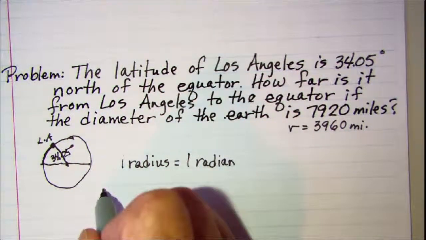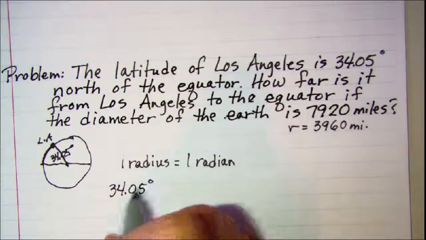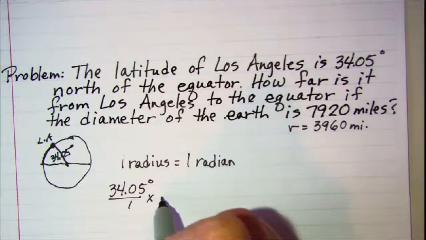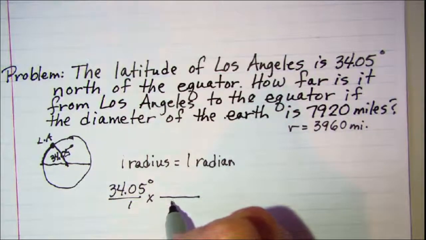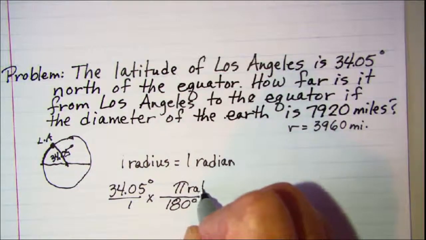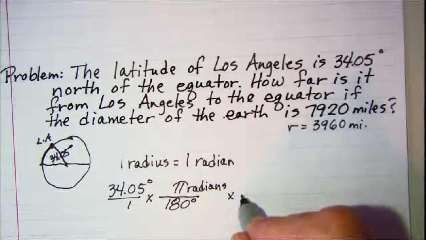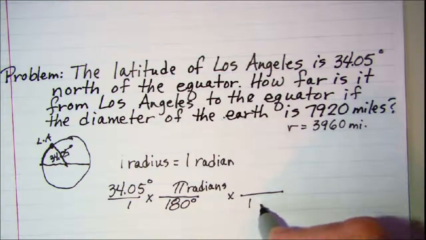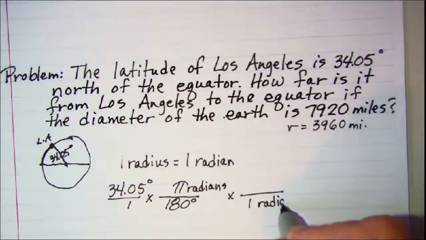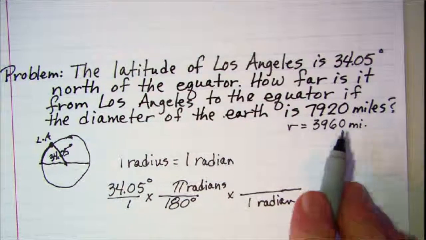And so I can start with 34.05 degrees. And to change that to radians, I know that pi radians is the same as 180 degrees. And then I know that 1 radian is the same as 3,960 miles.